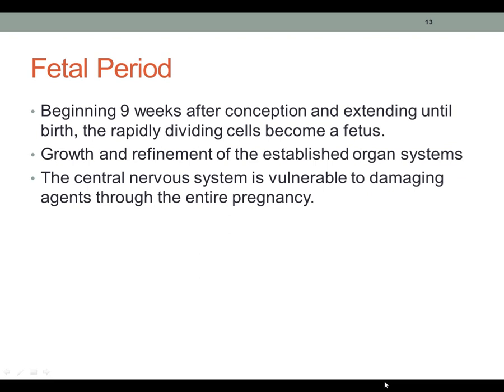Toenails are present. And chances of survival are really good at this time. And this has only been in the past, I would say, 40, 50 years that babies survived being born from 25 to 28 weeks, and then up to 32.